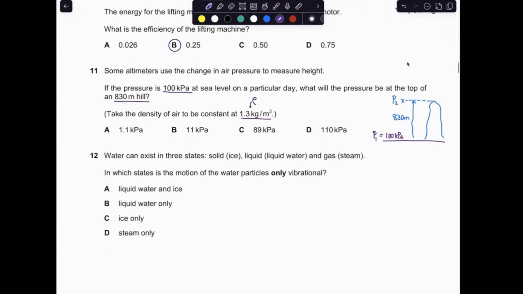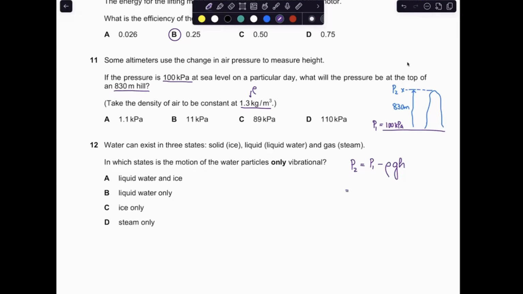Now, the pressure at P2 is going to be the pressure at sea level, P1, minus the change in pressure that occurs because of the movement. Now, whenever there's some change in height, we know that the pressure P is given by rho GH. So that means we have to subtract that amount from P1, and that will give us the pressure at P2, meaning the top of the hill.